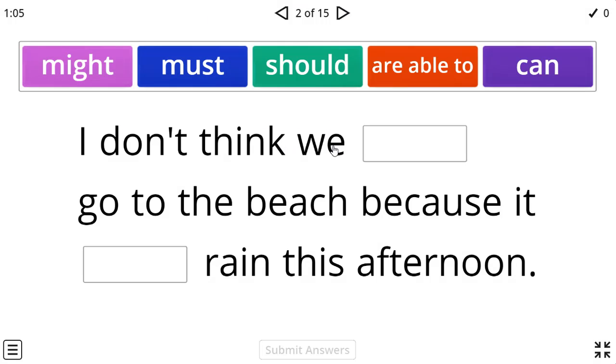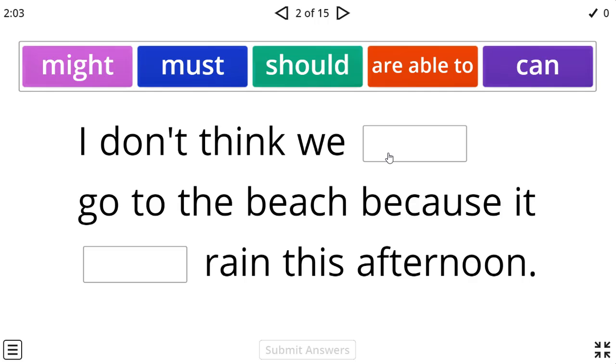I don't think we, might, must, should, are able to, or can go to the beach because it, might, must, should, are able, can rain this afternoon. I'm hearing someone from over there. You can exclude are able as a second option because we don't say it that way. So, what is your answer?